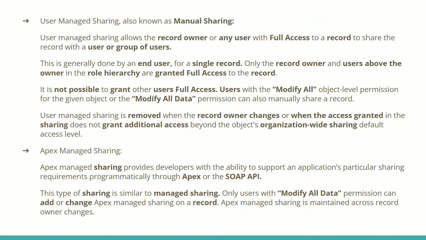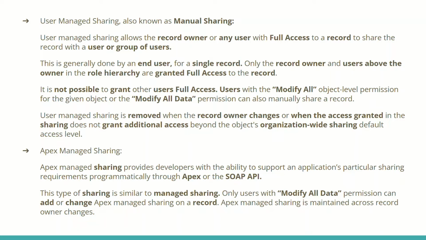Users with the Modify All object level permission for the given object, or the Modify All Data permission, can also manually share a record. Modify All and Modify All Data are the administrative permissions which we get under profiles, and we have to go to that object and then specify these administrative permissions.